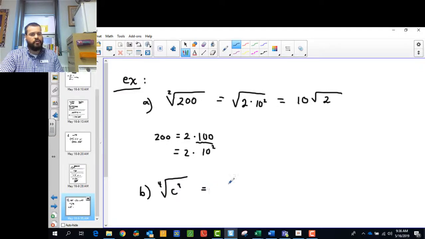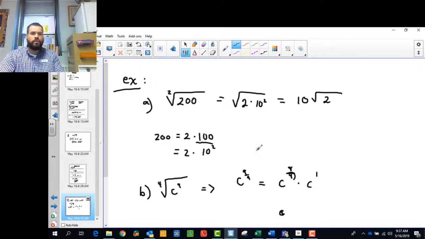So I need to figure out c to the 9 divided by 4. 9 is not divisible by 4, so what I do is I split it into 8 and 1, because 8 is divisible by 4. That gives me the ability to then take the 4th root of it.